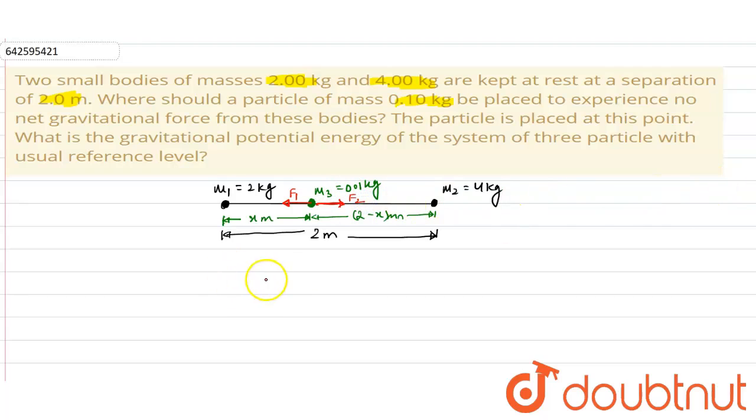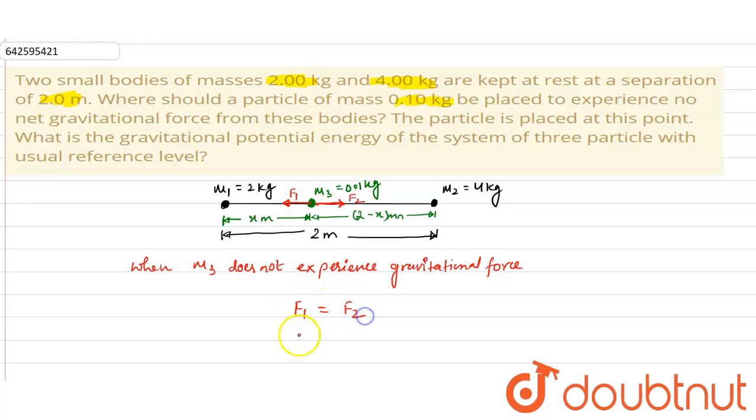So when M3 does not experience gravitational force, then what we can say is F1 will be equal to F2.